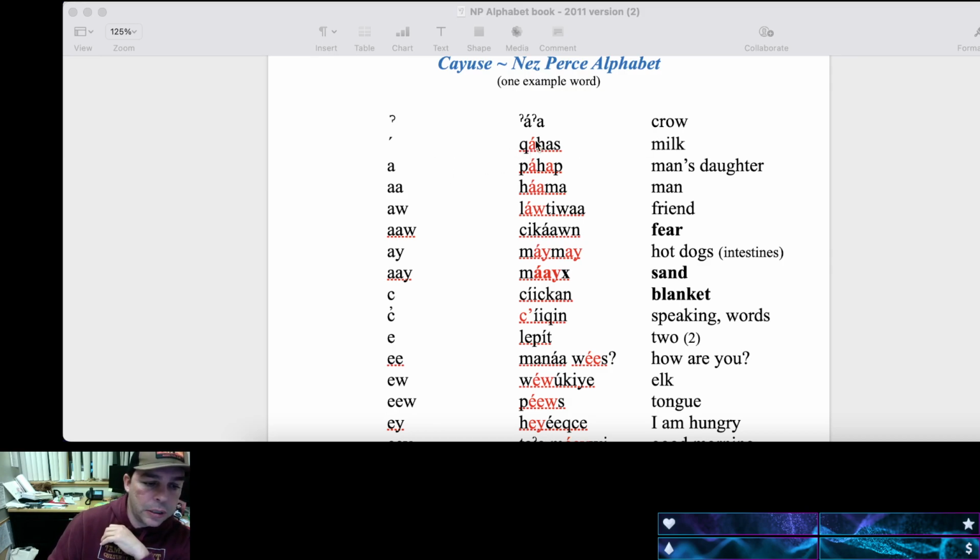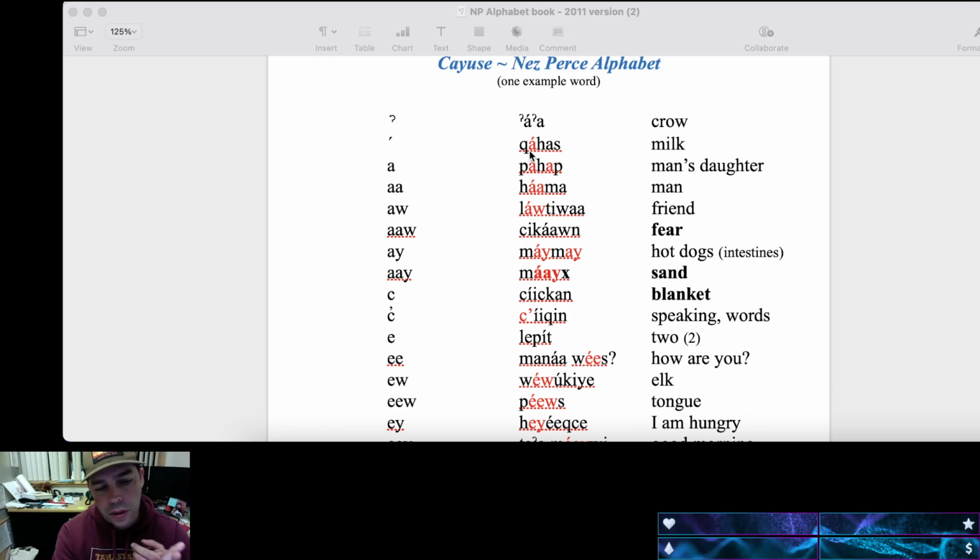So you can see that on this red A here, we have emphasis over the top of the A. That means that the emphasis is going to be on that vowel. So it's pronounced kahas, not kahas, right? If it was on the second A, we would pronounce it kahas. So it tells you everything that you need to know about how to pronounce the word.